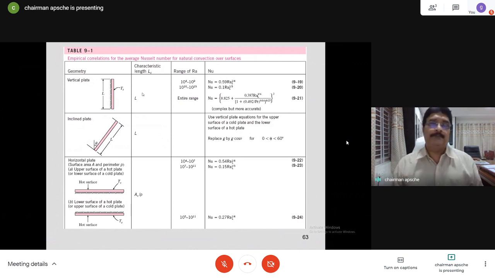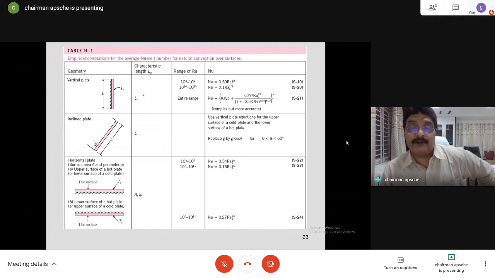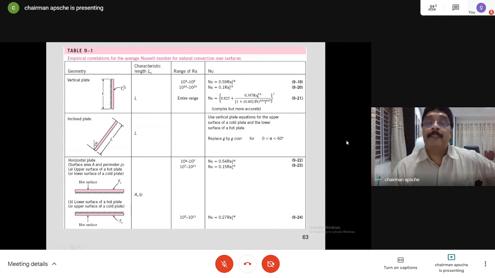Understood? So what is Rayleigh number? Rayleigh number is a product of Grashof and Prandtl number. Okay. So whenever it's an inclined surface, again we use L, the total length of the plate, as the characteristic dimension.